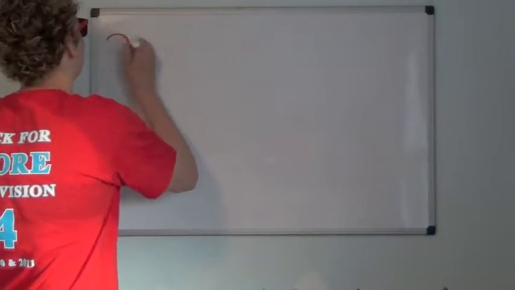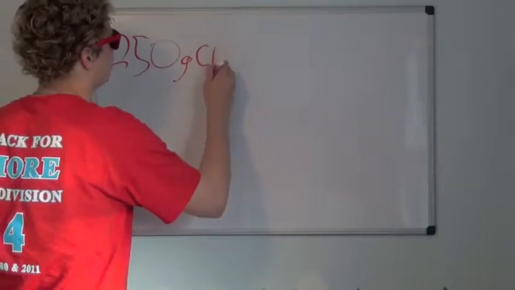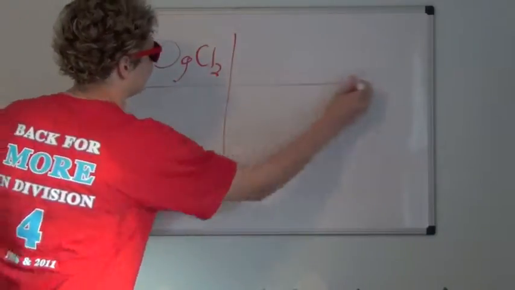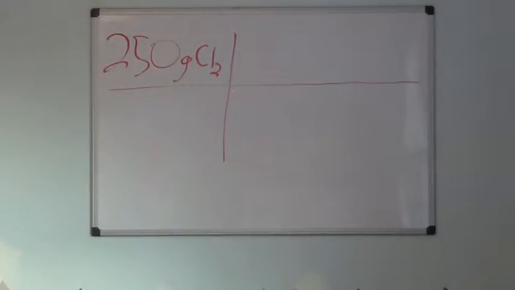Okay, so 250 g Cl2. Make our lines. This is more than likely just a giant dimensional analysis problem.